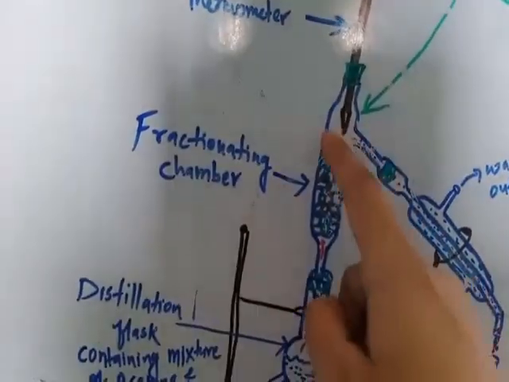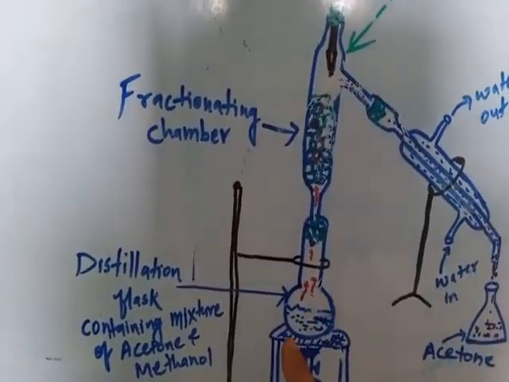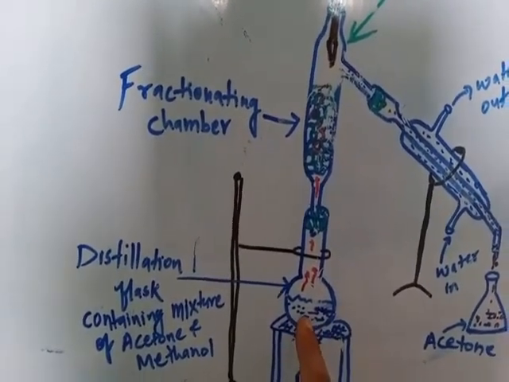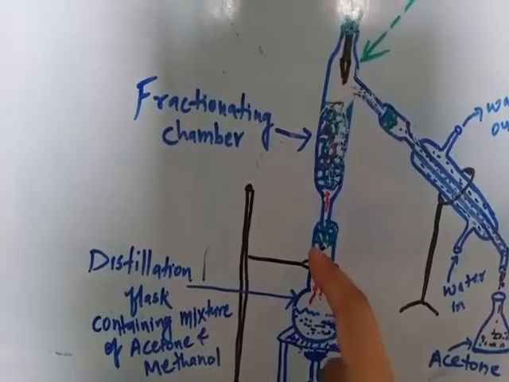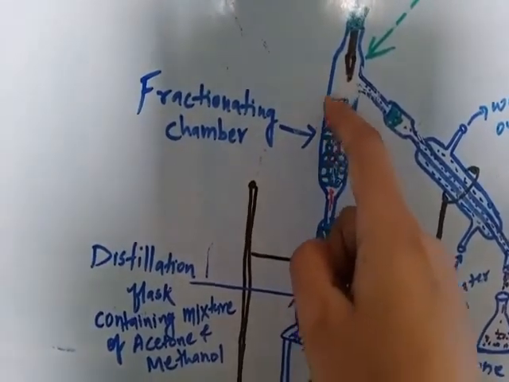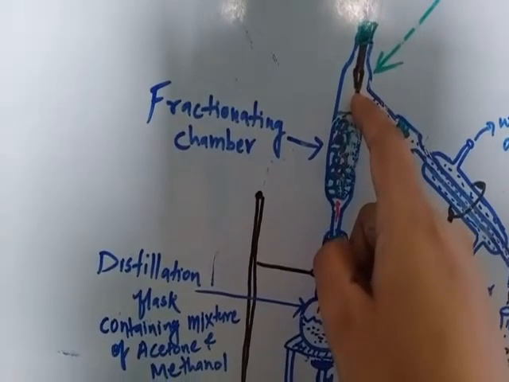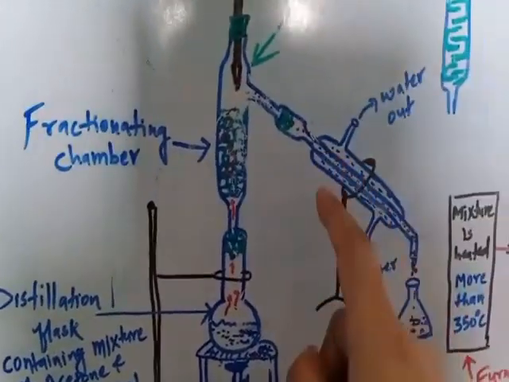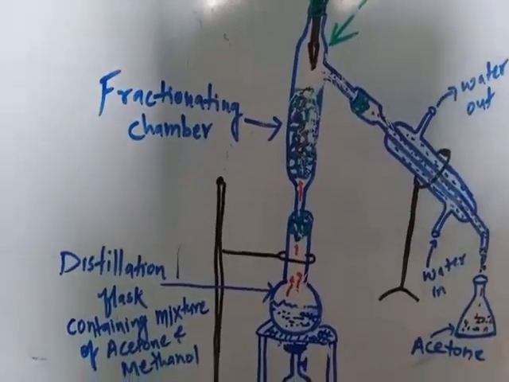That is, we have to maintain the temperature here now at 65 degrees Celsius, so that whatever methanol liquid is there in the distillation flask, it vaporizes easily, passes through this hurdle, as the temperature maintained till here is 65 degrees Celsius, goes to the condenser tube, liquefies, and can be collected in another beaker.